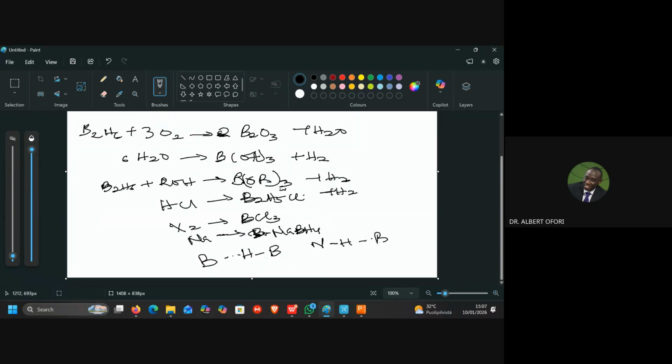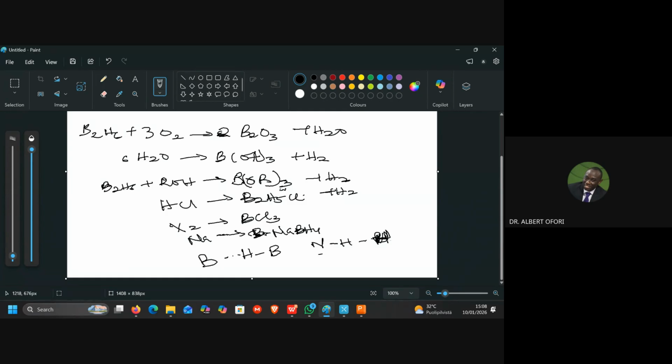So try to help me understand this type of bonding that exists between the bridging. I'm trying to even answer myself. So explain why the BHB bond is not the same as the NHN bonding. Let's try to help me explain these two bonds.